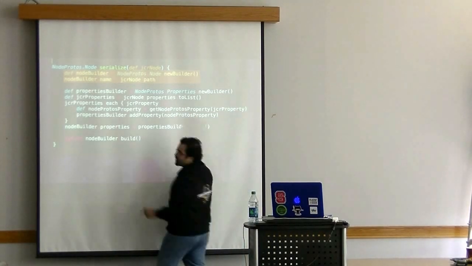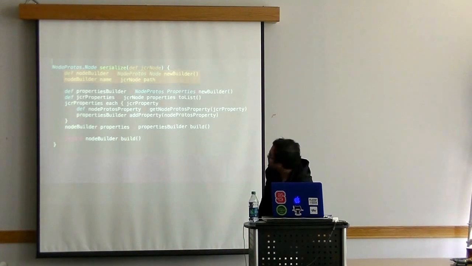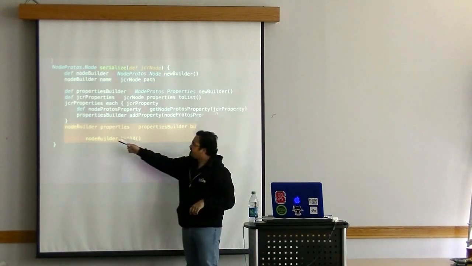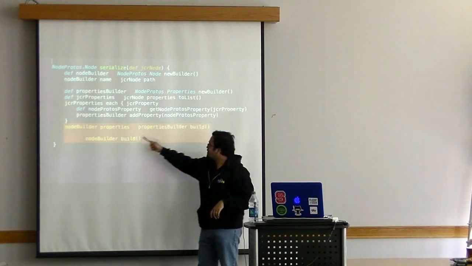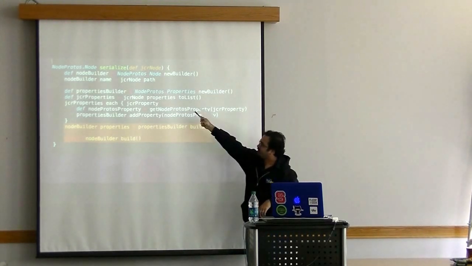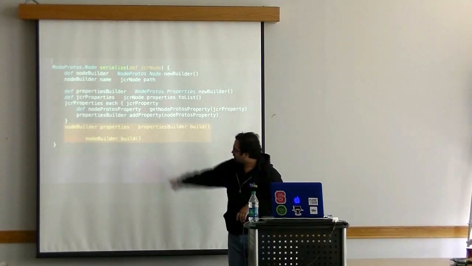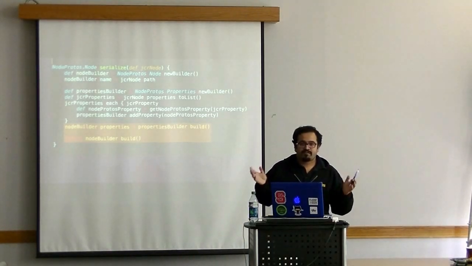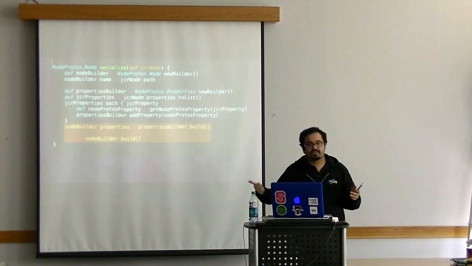So that's what this is doing. If I go next, we talked about this one. At this point, it's going to say, let's fill in the properties using the properties builder just above. And lastly, just return a new instance of this message. So if you have 100,000 nodes, this is going to be hit 100,000 times.